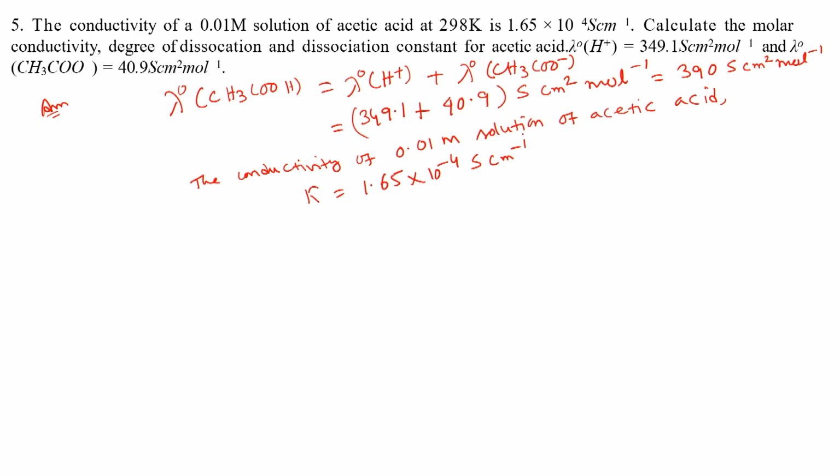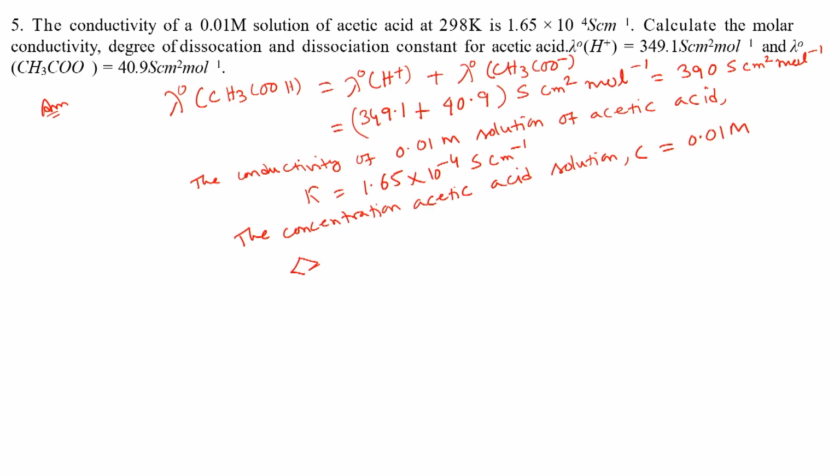The concentration of acetic acid solution we call C, this is also given, 0.01 molar.